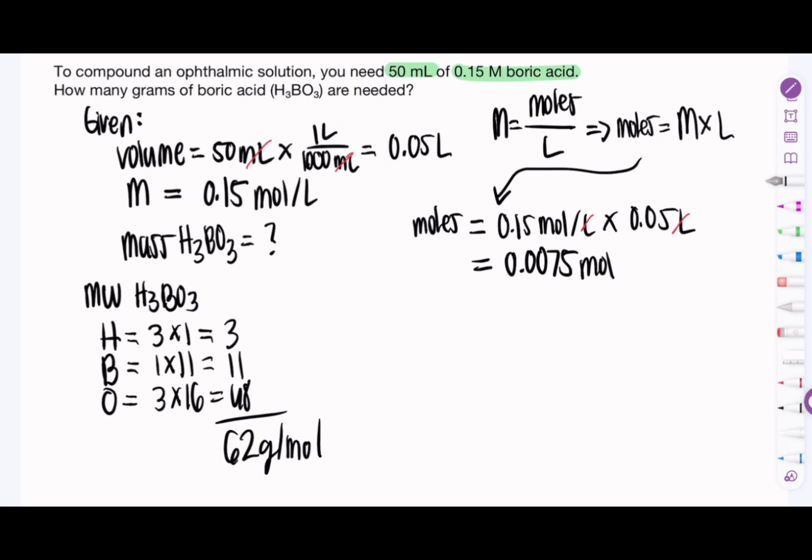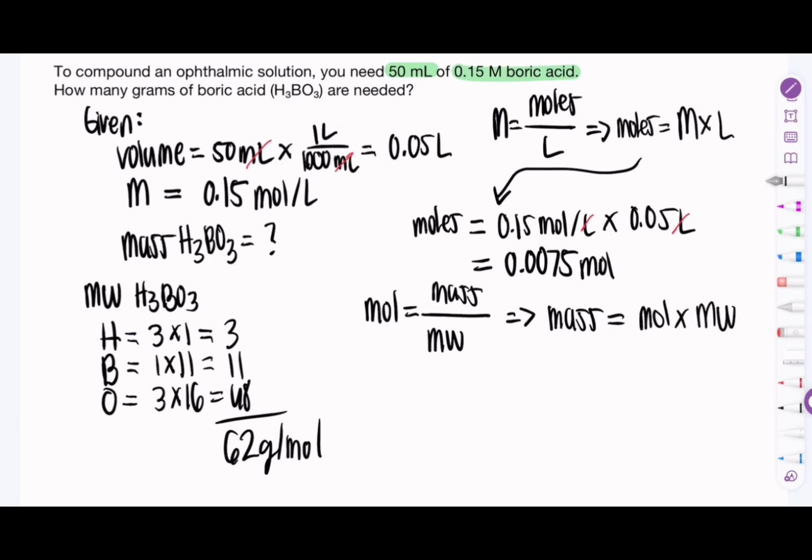So this will be the moles, 0.0075 moles. Now that we have the moles, we can solve for the mass using the formula of mole is equal to mass over molecular weight. All we need to do is to derive it, which is mass is equal to moles times our molecular weight.